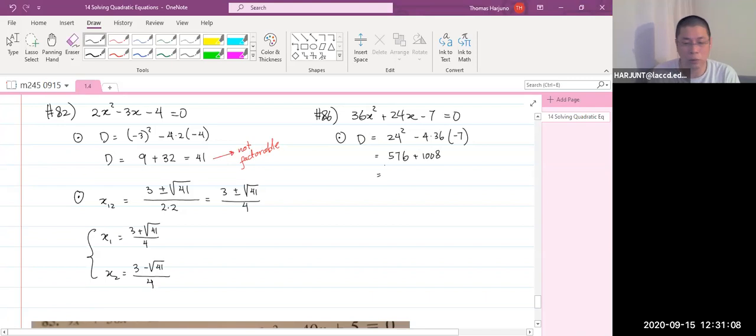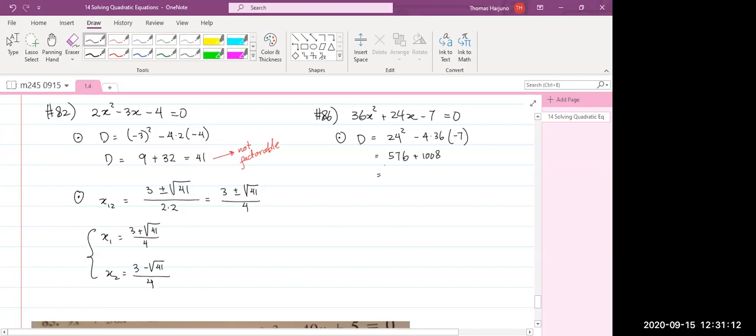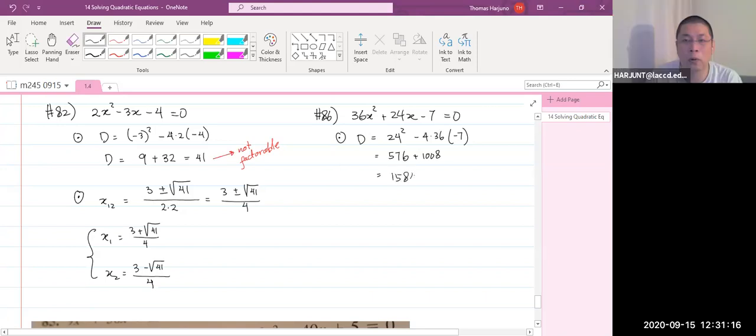So this will be, I use my calculator, 1584. Is that a square number? I don't know. I use my calculator. It's not. Therefore, not factorable.